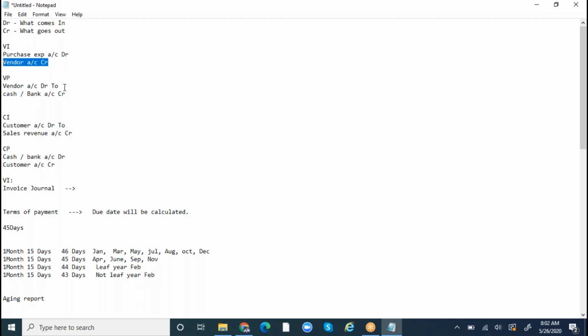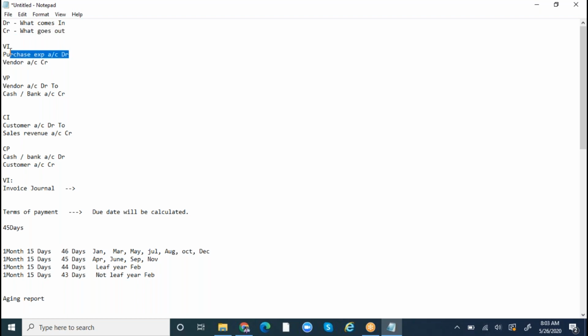Once you are paying money, your cash balance will be decreased. This is payment, and this is invoice. At the time of invoice, you need to pay money. What goes out? You need to pay money. That is the reason it is vendor account credit.